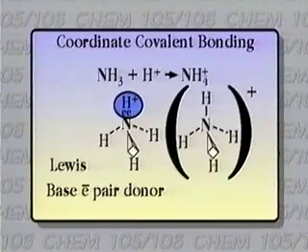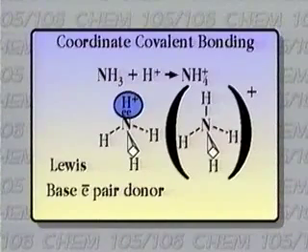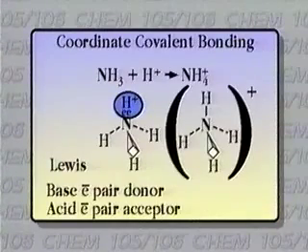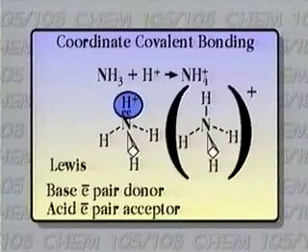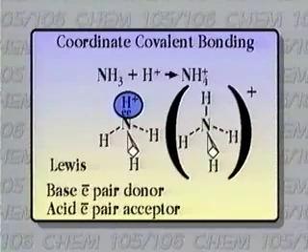So a base is an electron pair donor. In other words, it has a pair of non-bonding electrons that it can donate or share to form a chemical bond. And obviously, if we call a base an electron pair donor, then an acid becomes an electron pair acceptor.